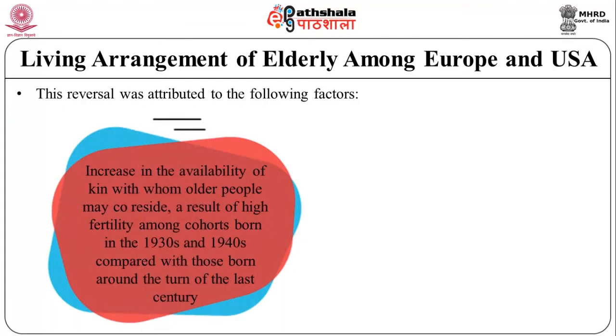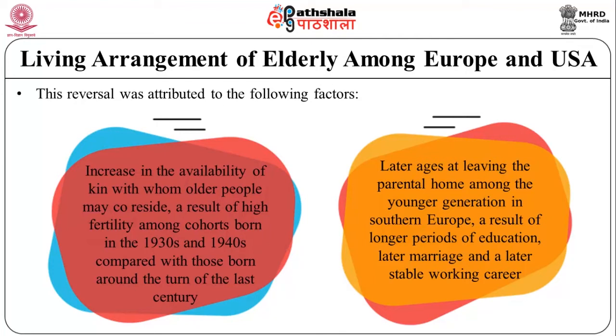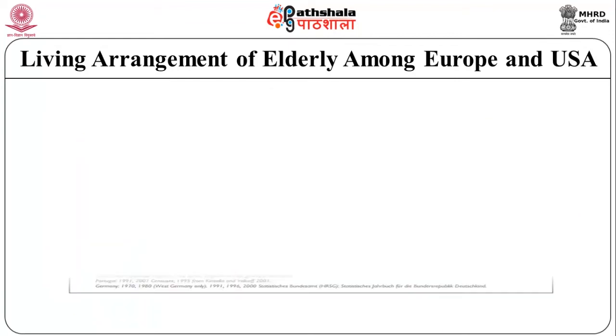Increase in the availability of kin with whom older people may co-reside, a result of high fertility among cohorts born in the 1930s and 1940s compared with those born around the turn of the last century. Later ages at leaving the parental home among the younger generation in southern Europe, a result of longer periods of education, later marriage, and a later stable working career.